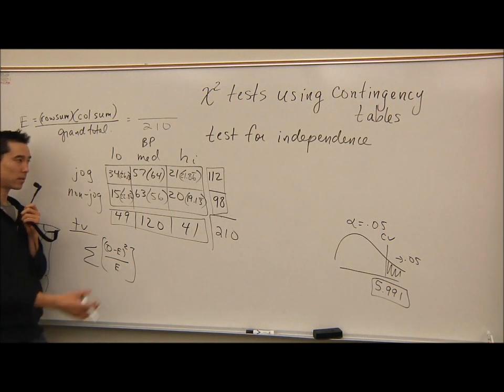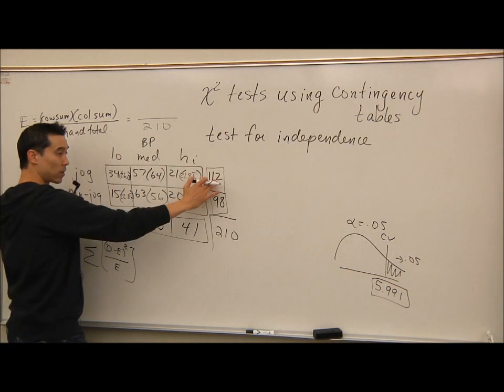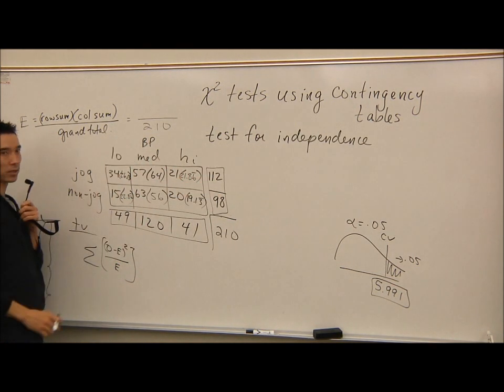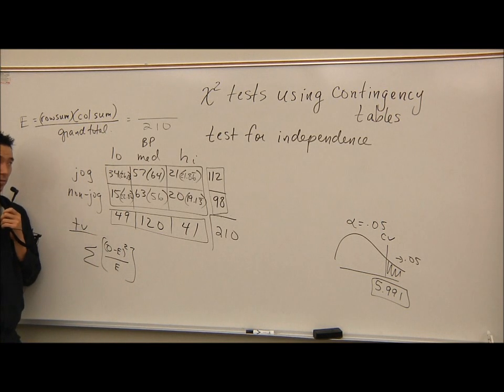And again, just a reminder, for each one of these, you take whatever row it's in, the total, times whatever column it's in, the total, and divide it by 210. That's how you find the expected value for each cell. Once you're finished with that, take a couple minutes to try to finish that, then we're ready for the test value.